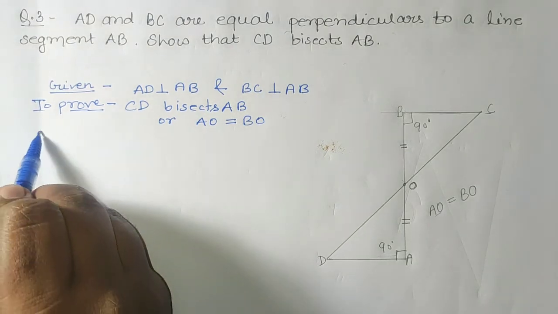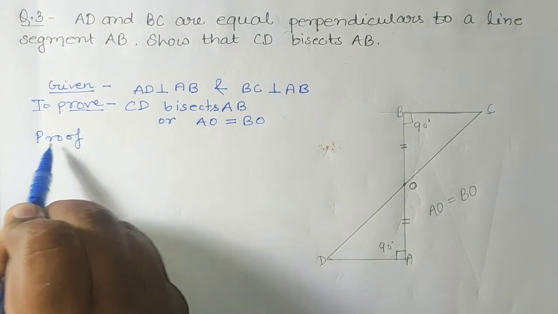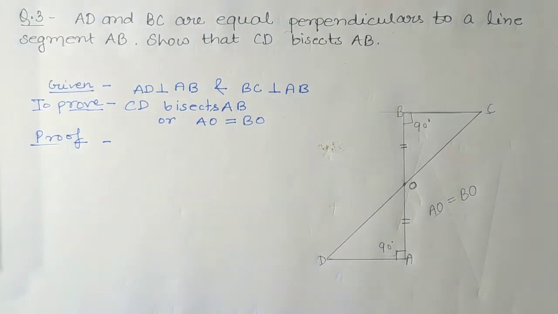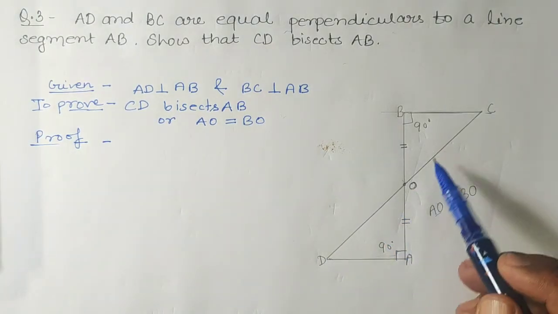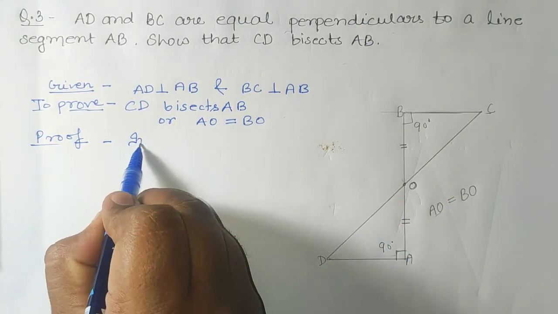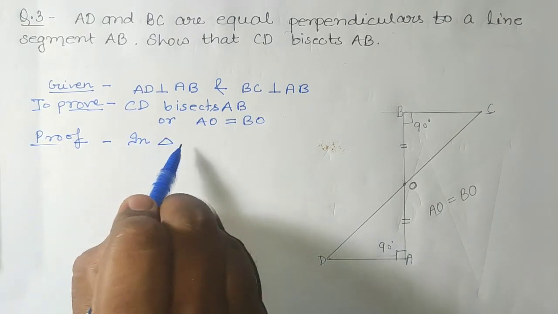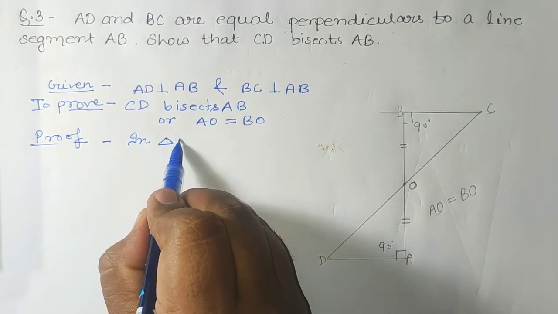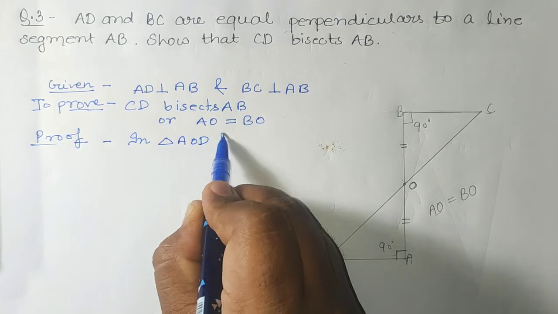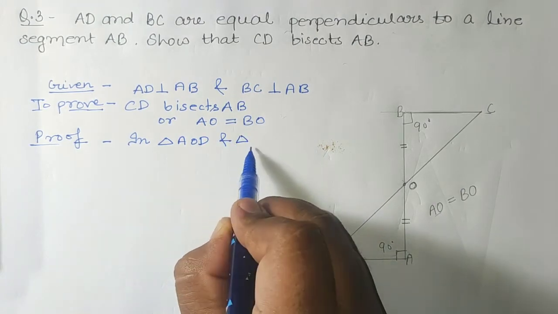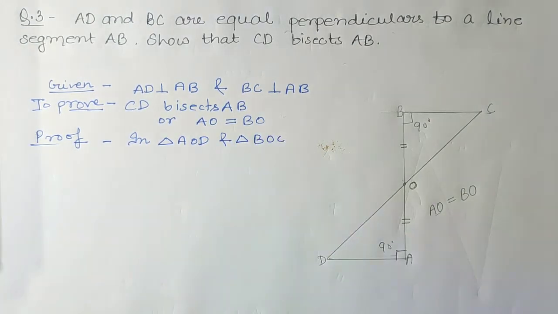Now how will we show it, students? Let us see in these two triangles, triangle AOD and triangle BOC.